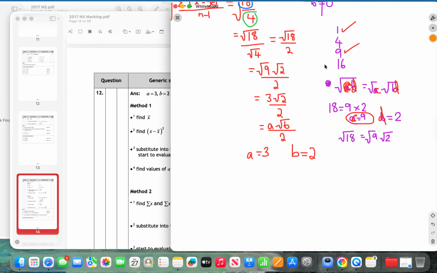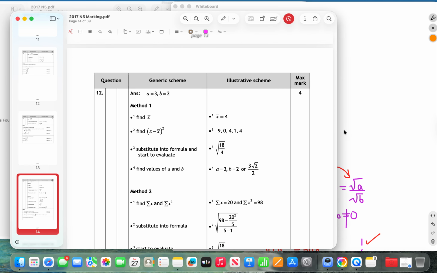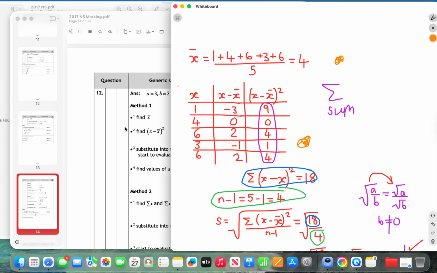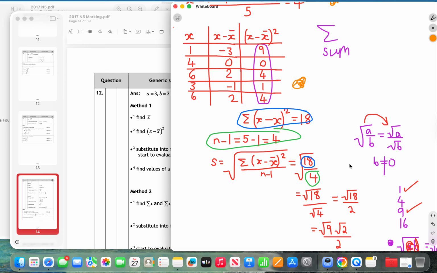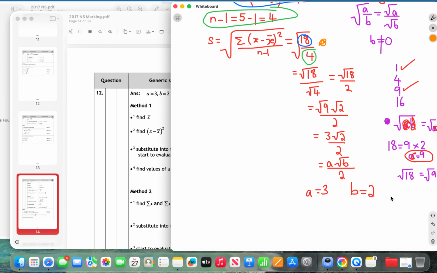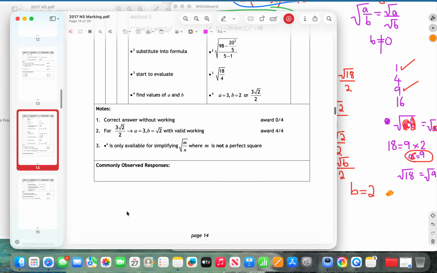The second mark is this: the sum of x minus x bar squared is 18, but you would get the mark for getting this table. The third mark would be for root 18 over root 4, and you would get the last mark for the values of A and B.